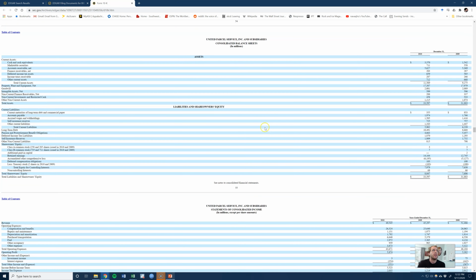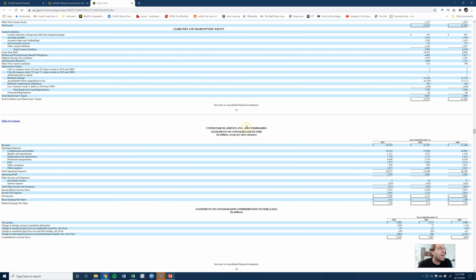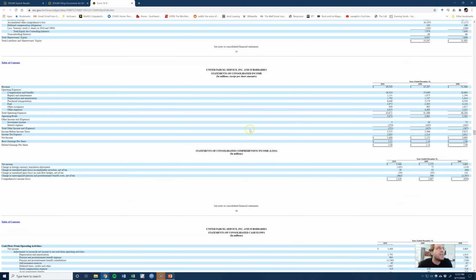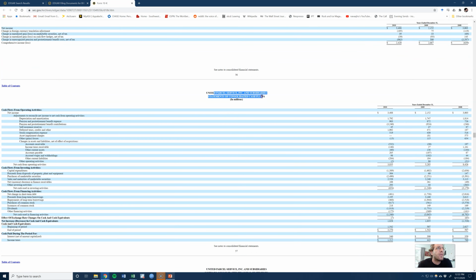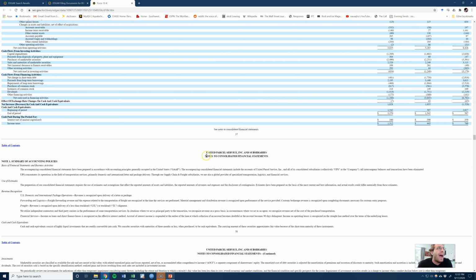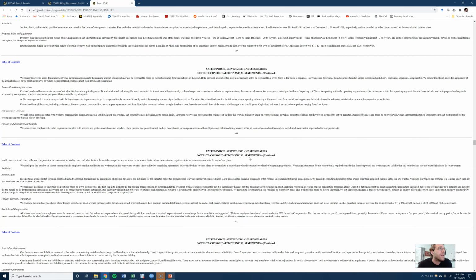Here's where we start to see the actual information that we're going to need, or at least the place where we start. So notice that here we're down on page 55 already, and we see what's called the consolidated balance sheets for UPS and their subsidiaries, the consolidated income statement for UPS and subsidiaries, the change in the income statement, the statement of consolidated cash flows, and then a bunch of footnotes to the consolidated financial statements, right?